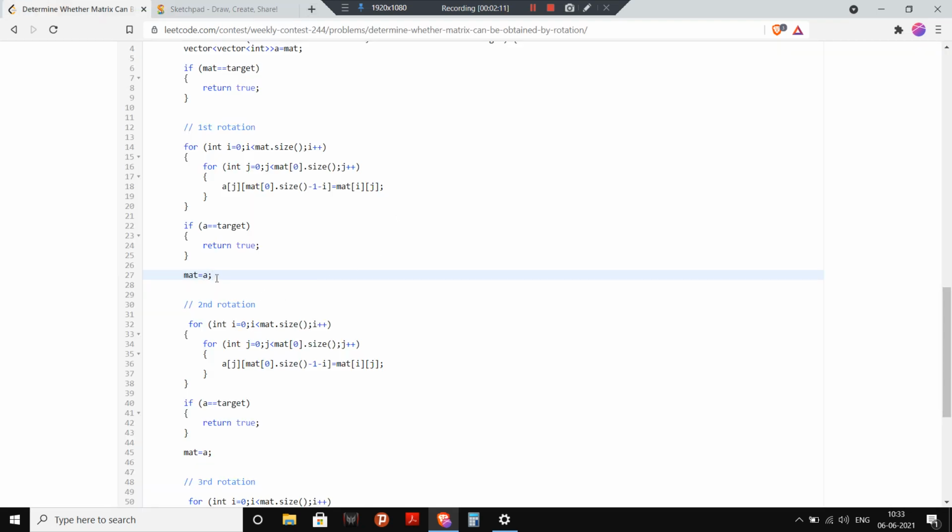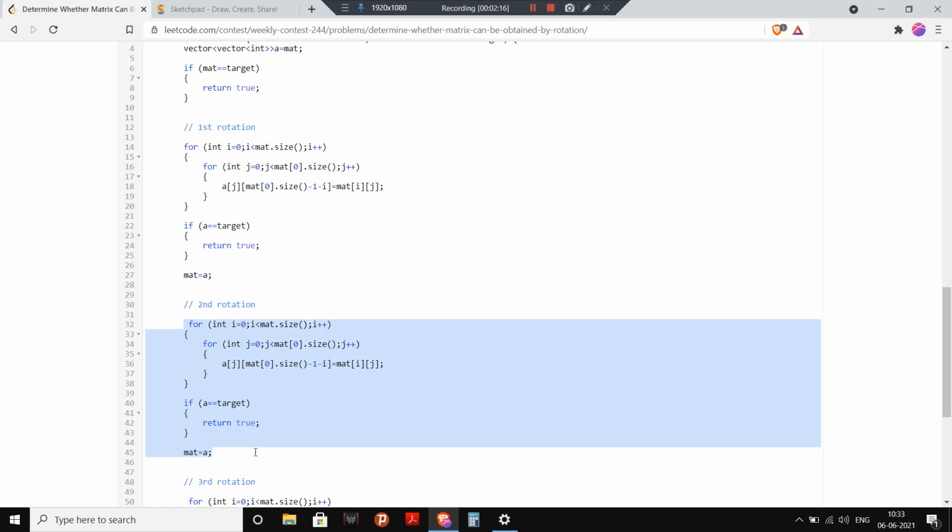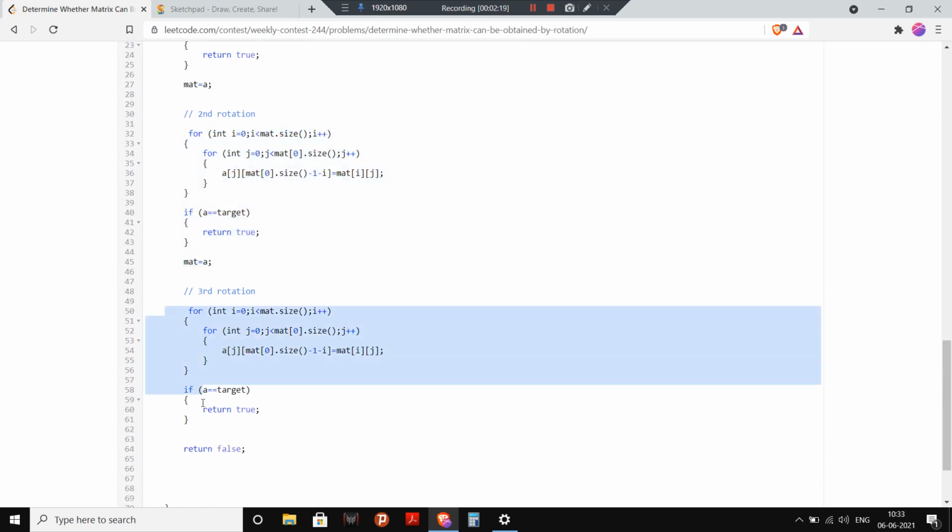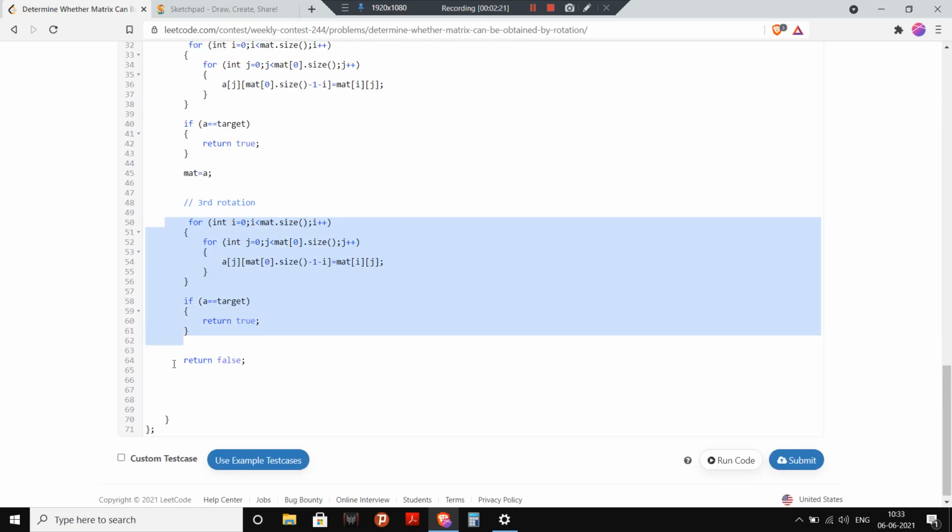I name it as mat, then I do the second rotation, and then the third rotation to check it. And if after the three rotations my matrix doesn't become equal to the target matrix, then I will return false.